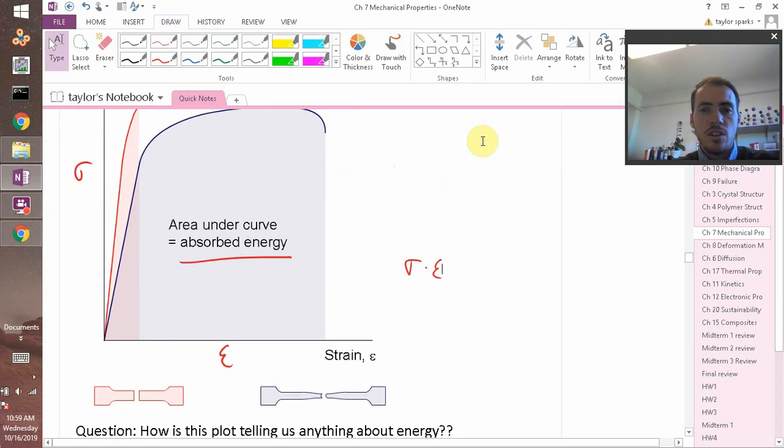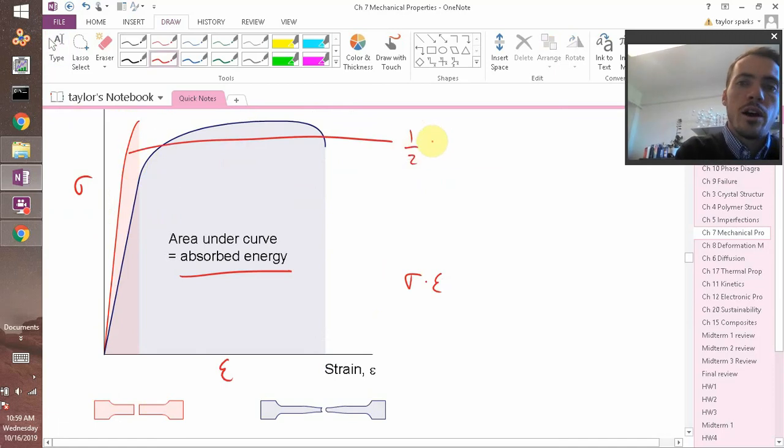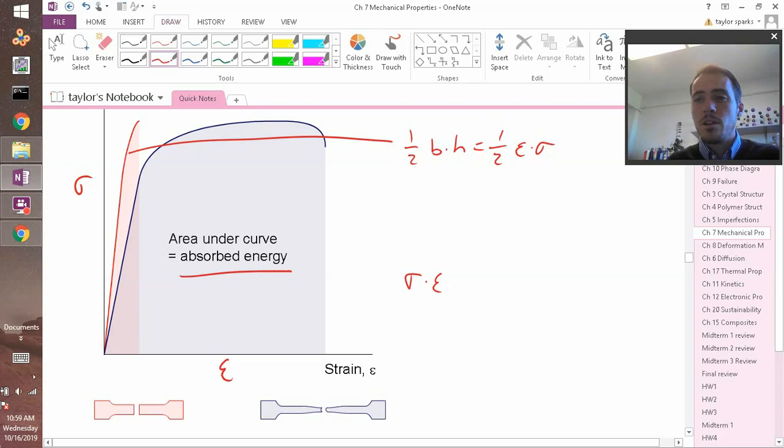And if it's a nice easy shape like this one, this red one kind of looks like a triangle. So the red one you could just do maybe 1/2 base times height, 1/2 the base, which would be your strain, multiplied by your maximum stress. That would be a good approximation for the toughness, excuse me. But the blue one, you can't do that.